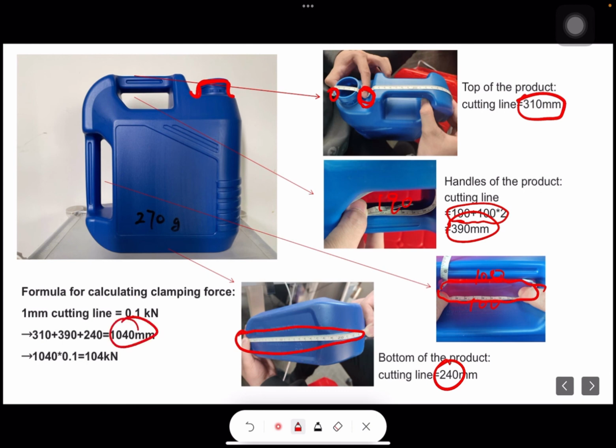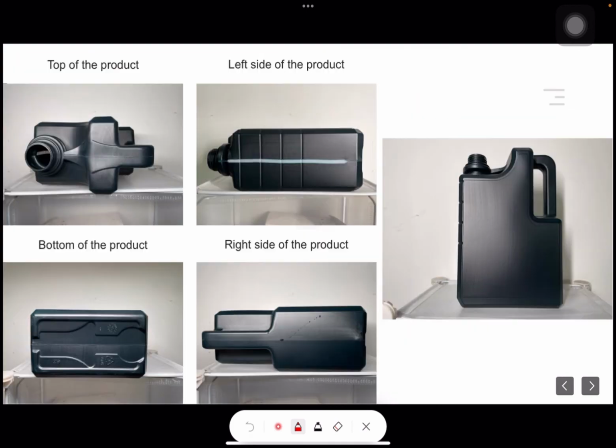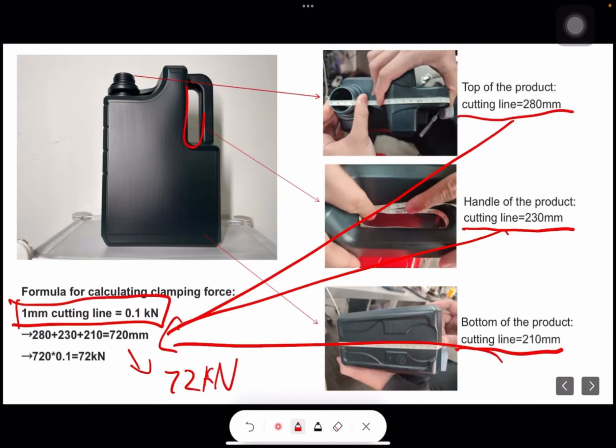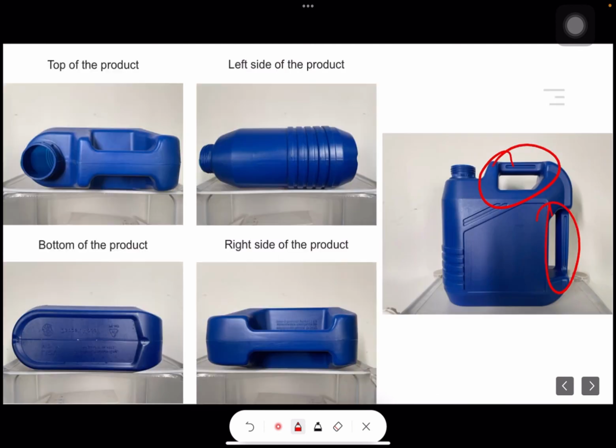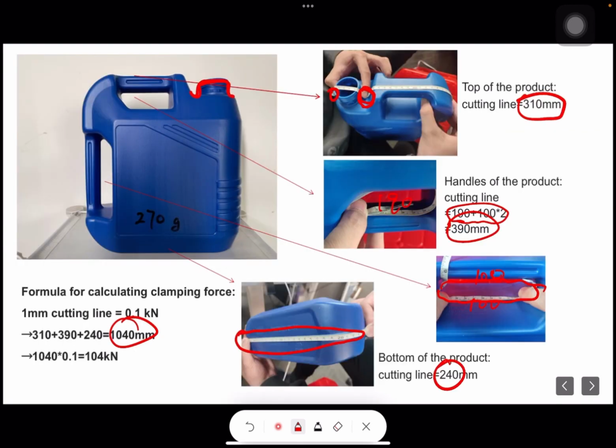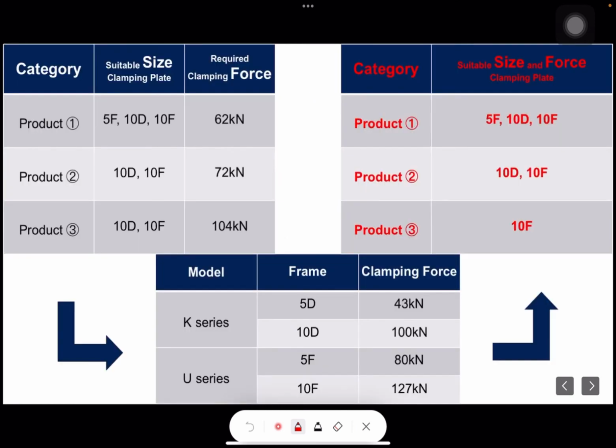It needs much more clamping force than the other product, because that one has only one handle, right? 2 handles means more trimming and needs more powerful clamping force, 104.